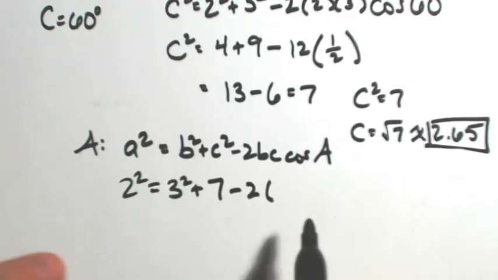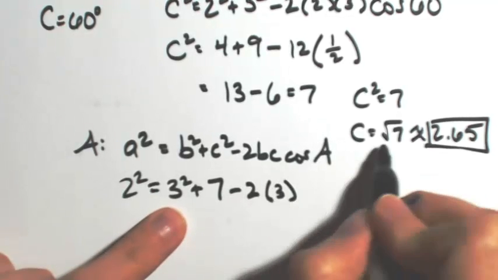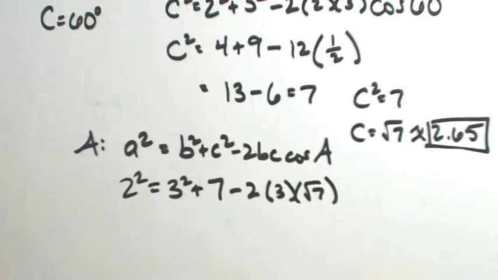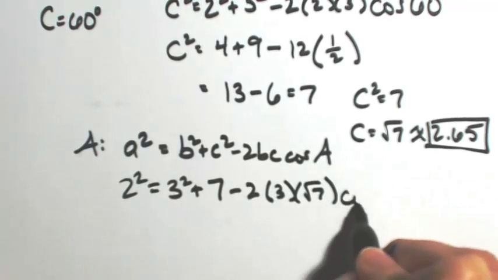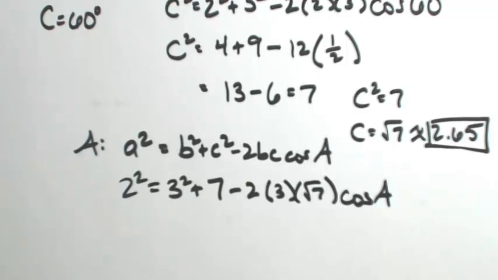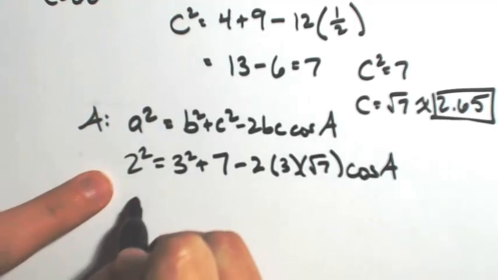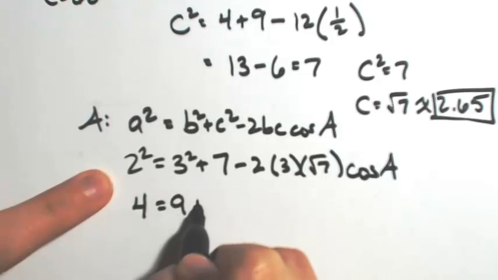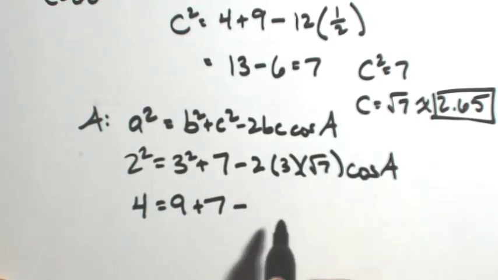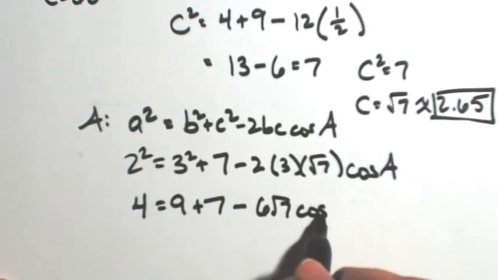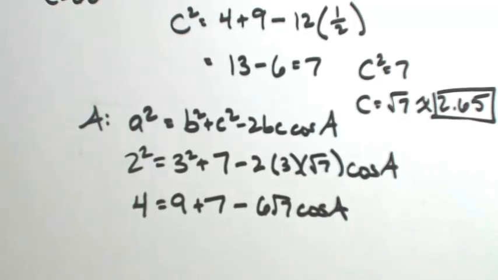Minus 2 times the b, which was 3, c, which is square root of 7, and then cosine of angle A, which is what we're trying to find. Okay, so solving for cosine of A might be a little easier if we clean this up a little bit. So I have 4 equaling 9 plus 7 minus 6 square root of 7 cosine of angle A.